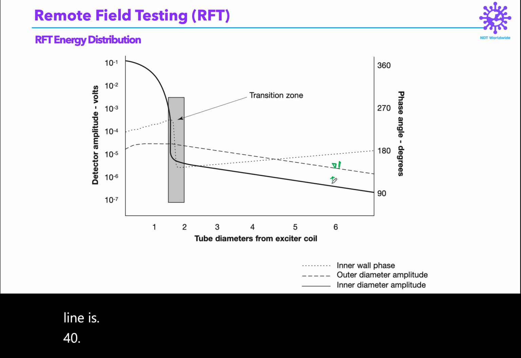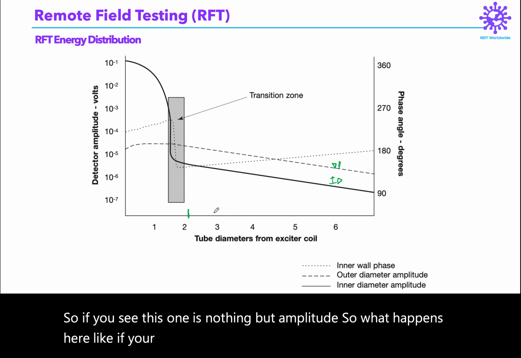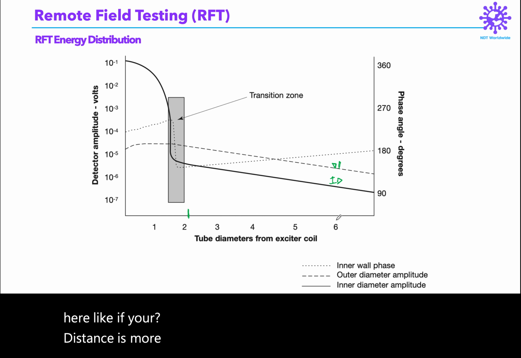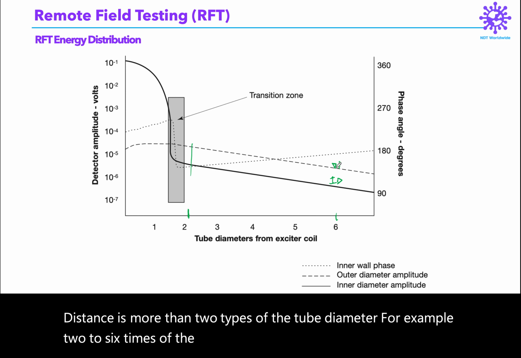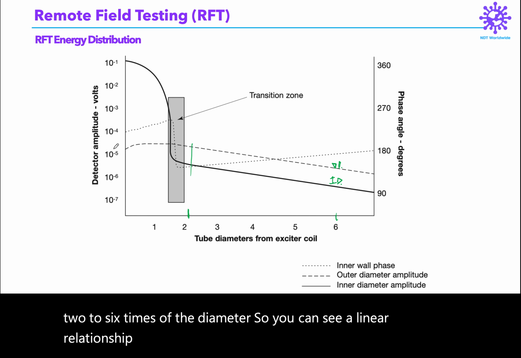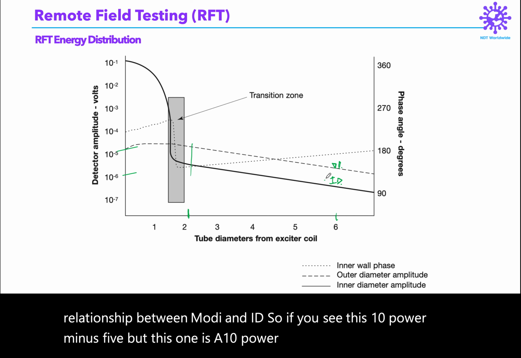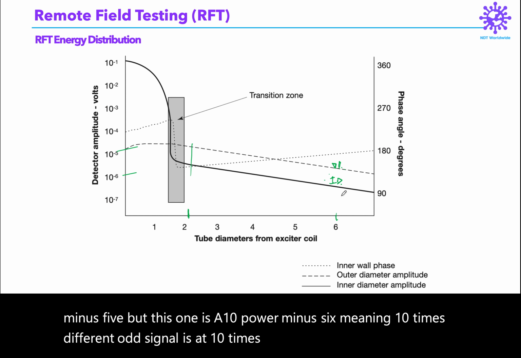What happens here is, if your distance is more than 2 times the tube diameter, for example 2 to 6 times the diameter, you can see a linear relationship between OD and ID. This one is 10 to the power minus 5, but this one is 10 to the power minus 6, meaning 10 times different. The OD signal is 10 times better than the ID signal, so you will get a uniform variation.